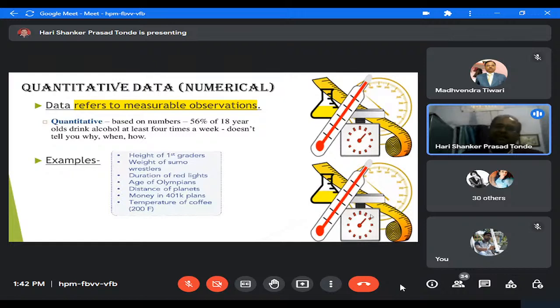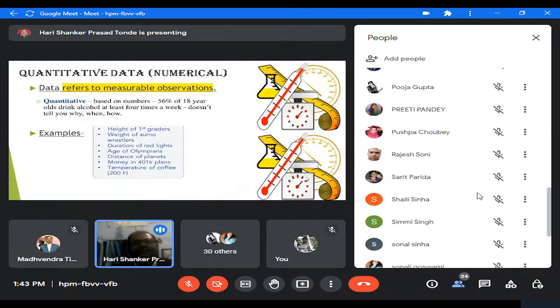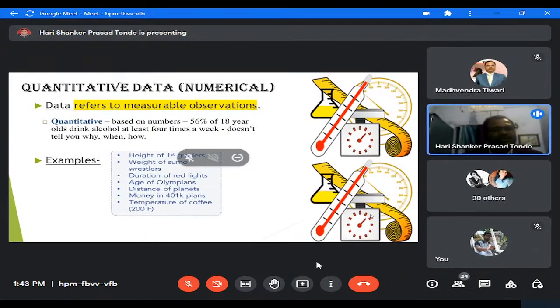Data refers to measurable observations; quantitative data is based on numbers. For example, heights, weights, durations, ages, distance of planets, money, temperatures. When we collect this type of data, it will be in the form of numeric values. So these are the quantitative data, and it is very useful.